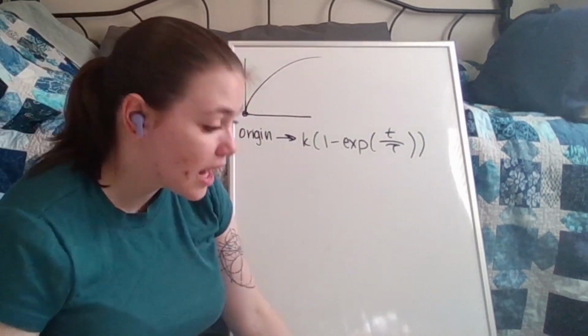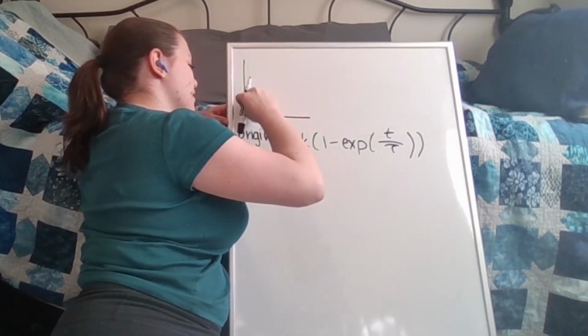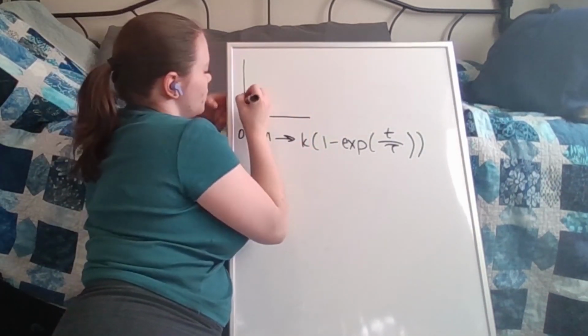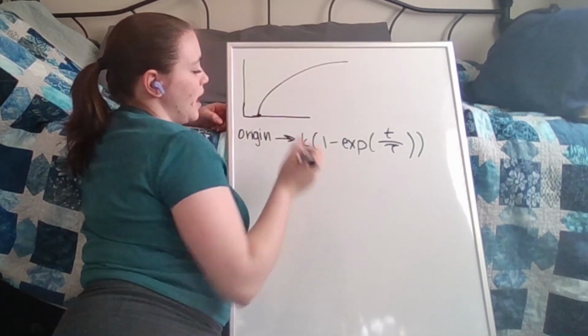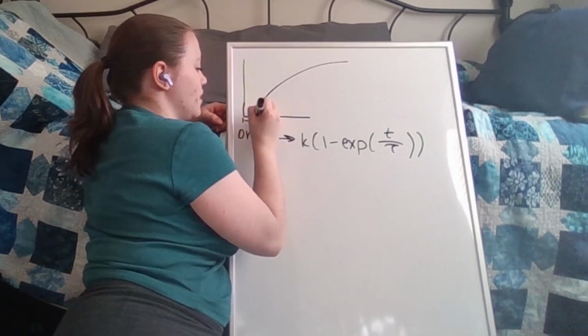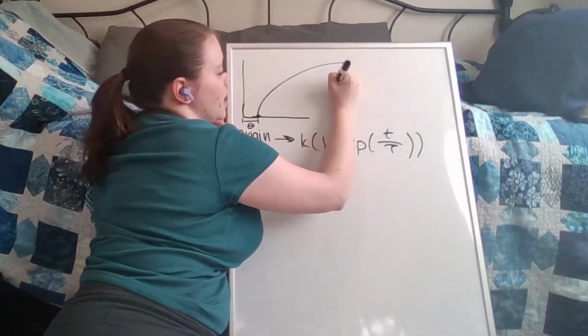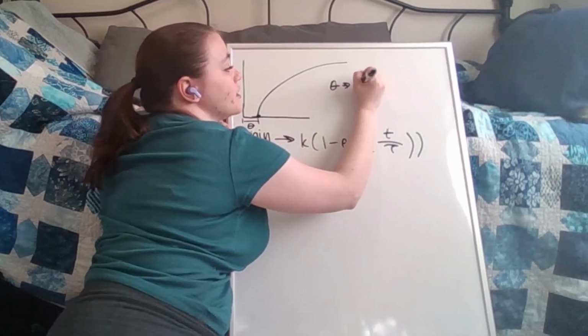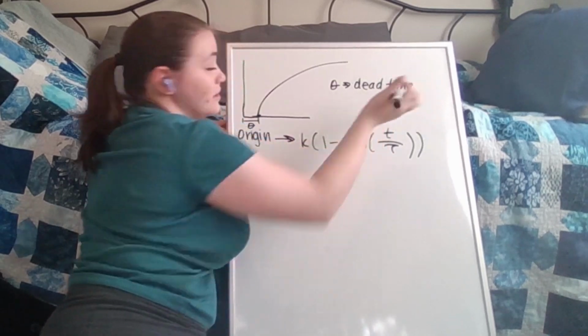Well, in our case, that is not true. If it is not starting at the origin, this is what it's going to look like for us. It's starting at a different x value, and we have this little gap right here, which is called theta. Theta is our dead time, so we have to take that into consideration.